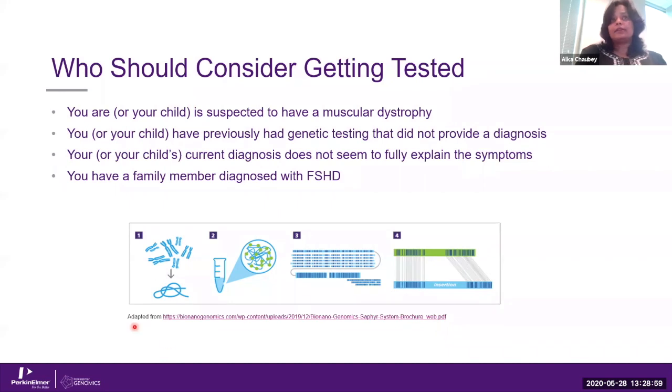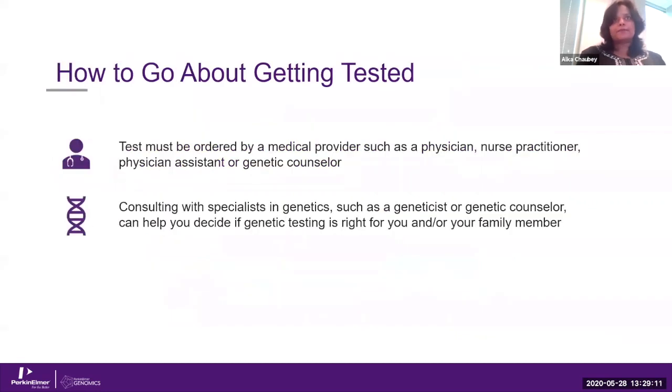And you can see again over here the snapshot of the technology that we are using in-house, that we have developed and validated as a lab developed test, as a clinical test, and we will issue clinical reports.